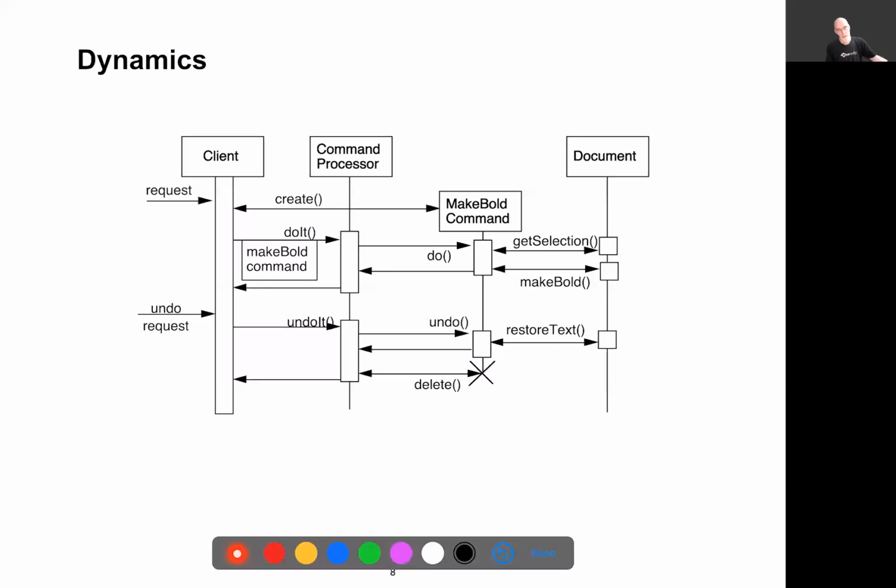Right, we create it, we give it to the command processor and say do it. Every time you make a command, it goes to the command processor, and it says do it. And then when we're done, we can undo: the command processor takes the command off the top of the stack and tells the command to undo the operation.